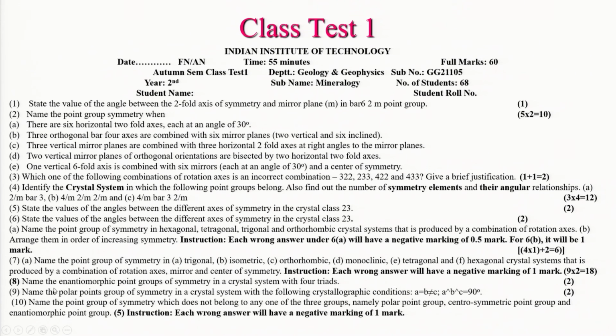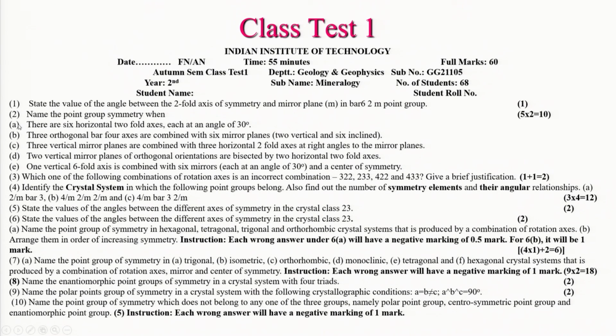And then you have to name the enantiomorphic point group of symmetry in a crystal system where there are 4 triads present. You also have to name the polar point groups of symmetry in a crystal system with the following crystallographic conditions, where a is equal to b is not equal to c and alpha, beta, gamma are equal to 90 degrees.